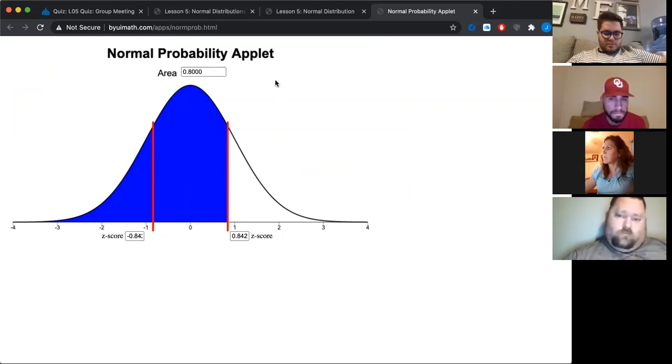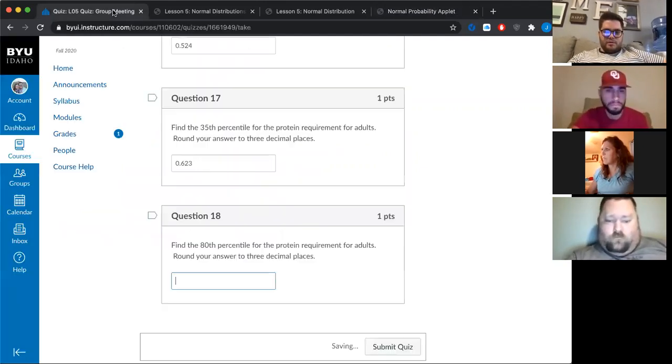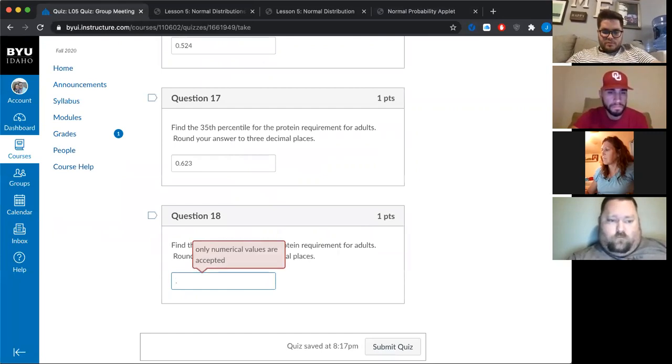And then we'll do the same thing. 0.842 times 0.07 is 0.05894. And add 0.65 is 0.709 is the rounded answer.